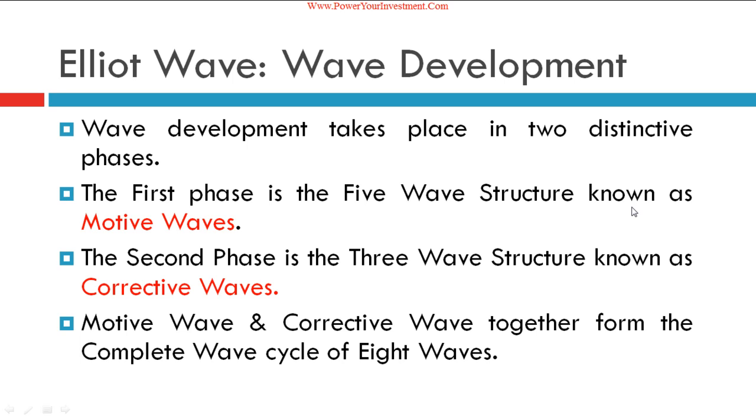Corrective waves are simply those waves which correct the motive waves. So remember, motive waves form a 5-wave structure, corrective waves form a 3-wave structure, and when put together, they form a complete wave cycle of 8 waves.